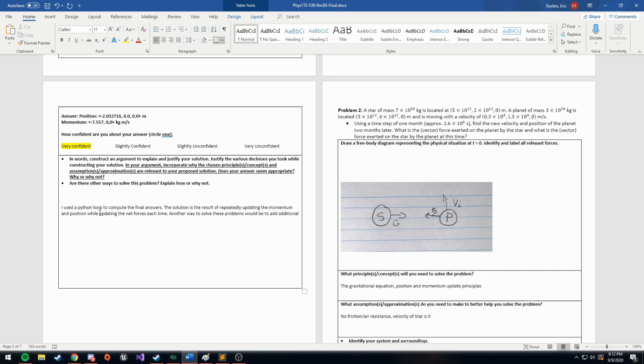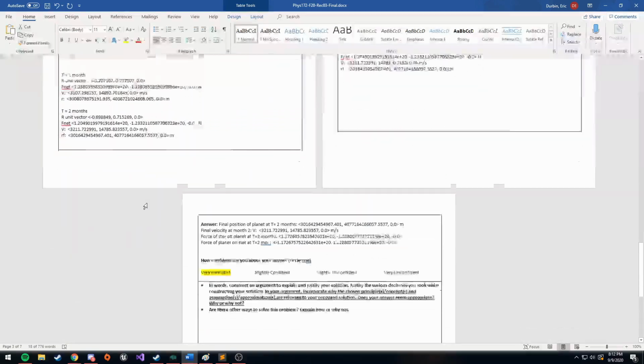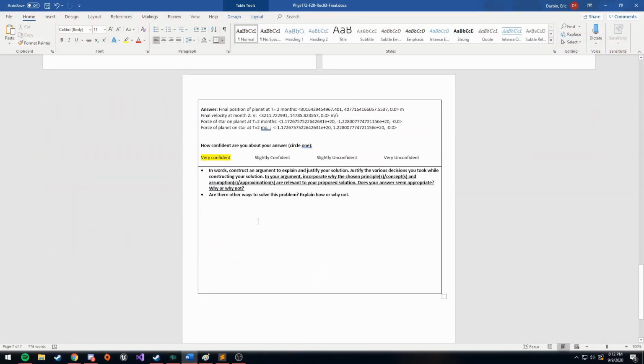You also could have converted velocity into momentum. And after we get the justify part done, I think we honestly should just be done.